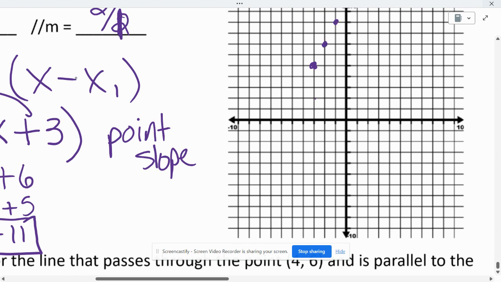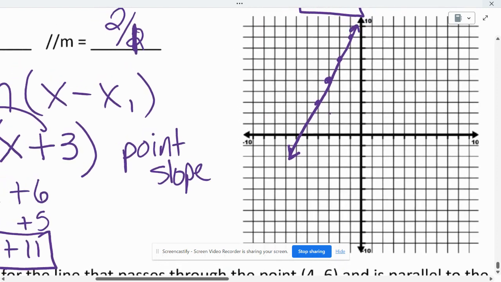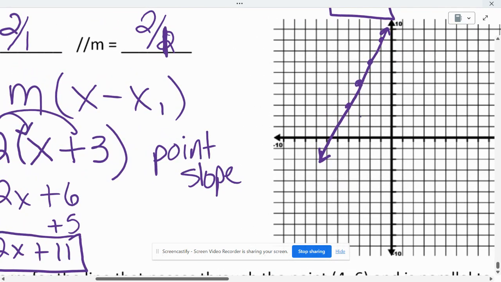I could also go down 2 and left 1. So this is the line that we just wrote the equation for. The given line, y equals 2x minus 4, down 1, 2, 3, 4, has a slope of 2 over 1.